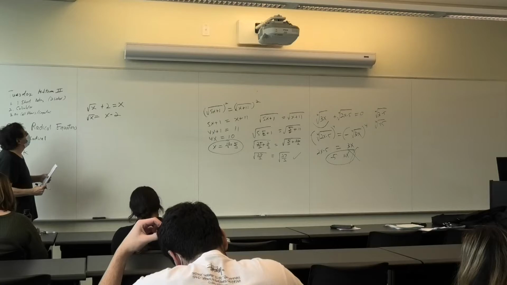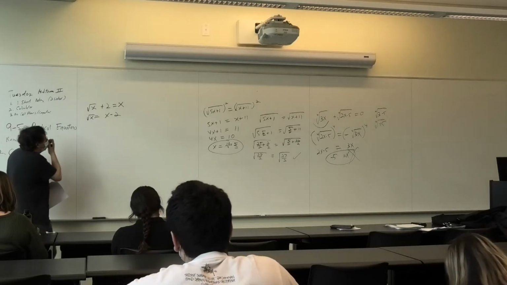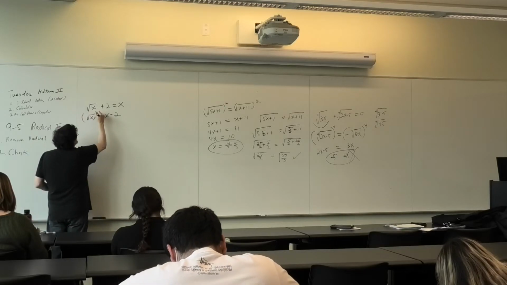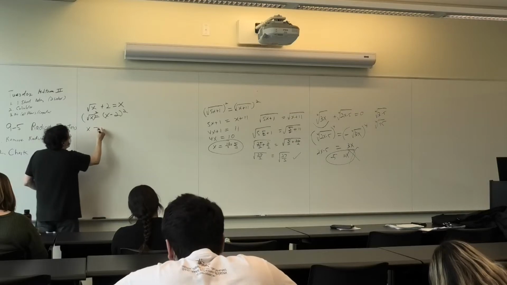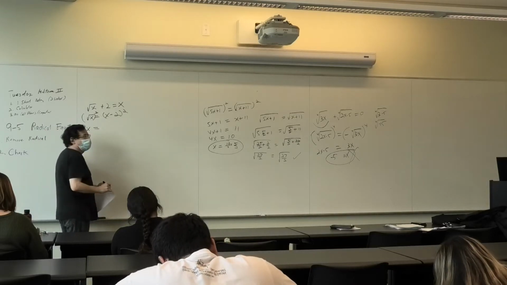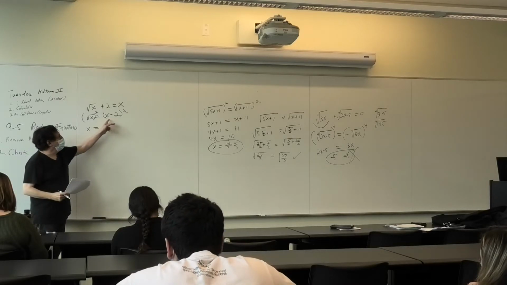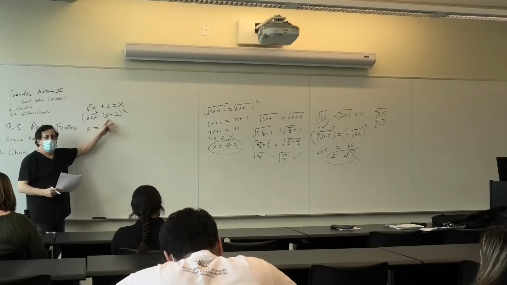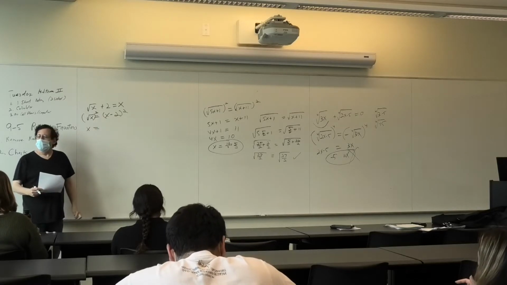Yeah, this is fine. And then, of course, we're going to square both sides, right? So here we get x equals, remember we got a pattern, a plus b or a minus b squared. Remember the pattern?